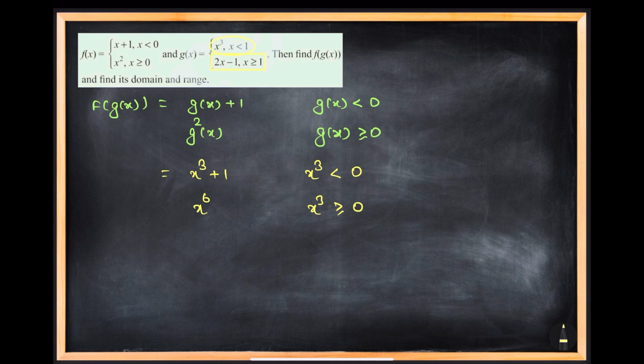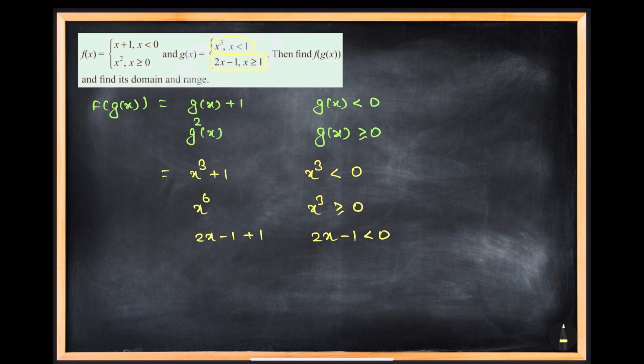So let's go with the second component, meaning the place where you are observing g of x, replace it with 2x minus 1. So we got 2x minus 1, okay, and then plus 1, where we have 2x minus 1 smaller than 0. Here also you are observing g of x, no? So there also you have to replace it with the assigned value.